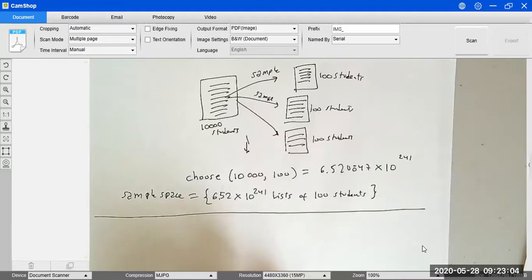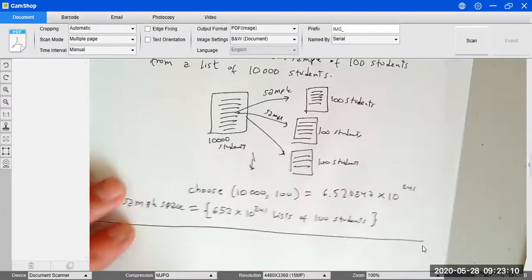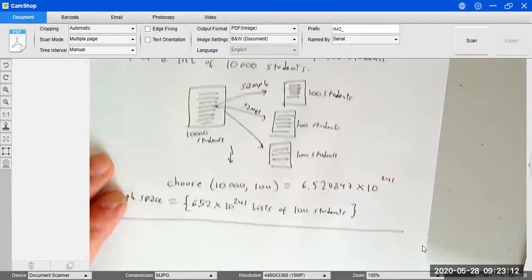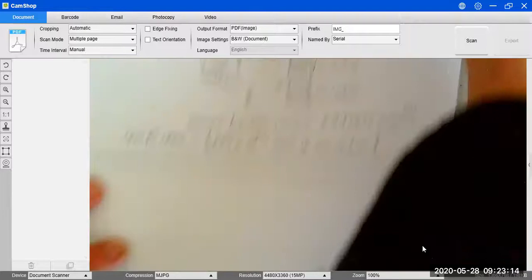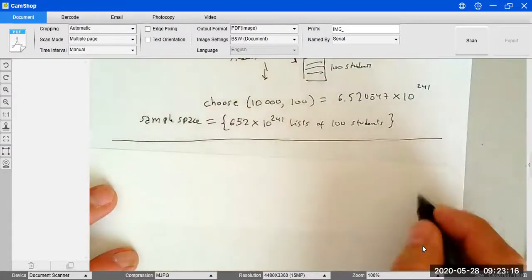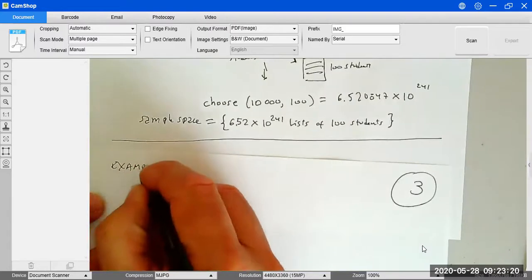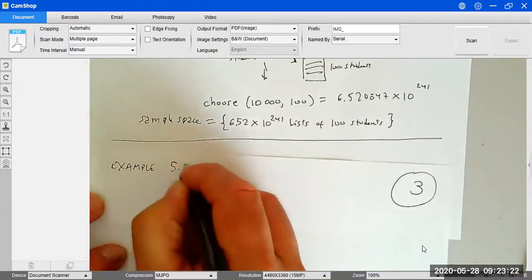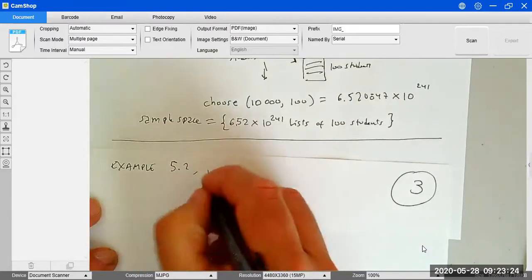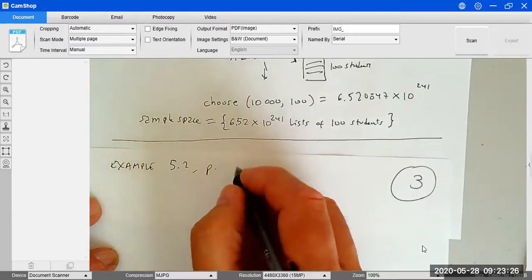So now we're going to try to solve another problem. So I have example 5.2 now. That's the next one. This example is on page 206.